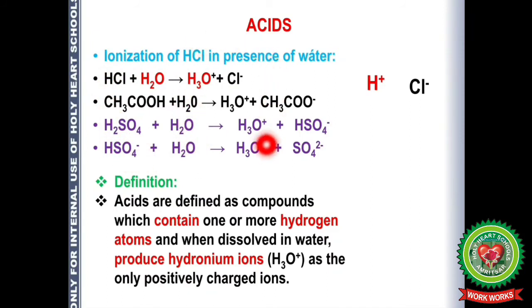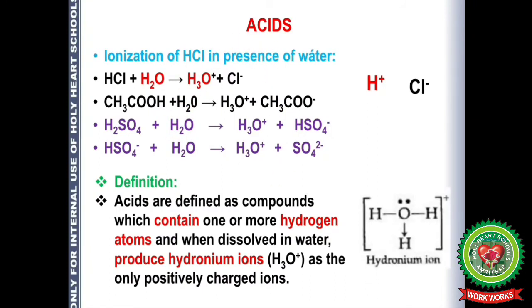In the presence of water, it will form hydronium ion. What is the structure of hydronium ion? It is there in front of you now. Hydronium ion is a coordinate compound. Why are we saying that it is a coordinate compound? Because the lone pair from oxygen is donated to one of the hydrogens. This structure is very important. So have a look.